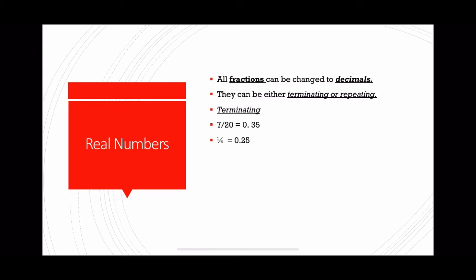The same with 1 over 4 is equal to 0.25, and 1 over 2 is equal to 0.5. We do this by dividing the numerator by the denominator. And then for repeating, 11 over 30, 11 divided by 30 is equal to 0.36666, and 1 over 3, 1 divided by 3 is equal to 0.333333.